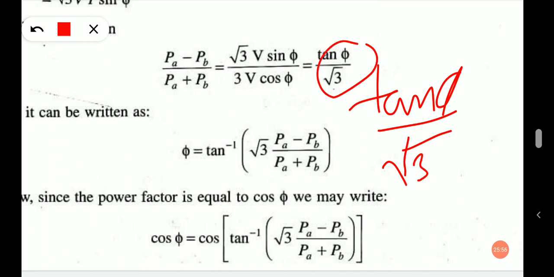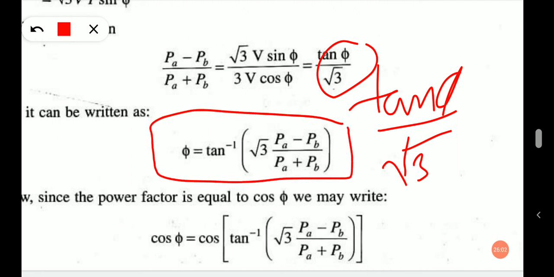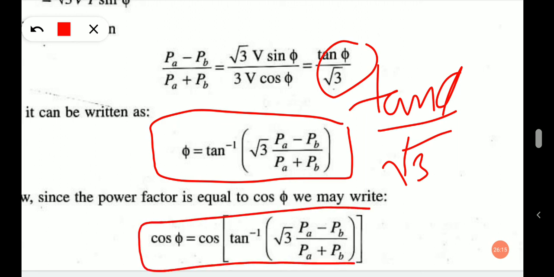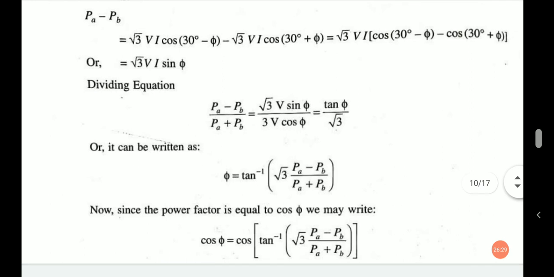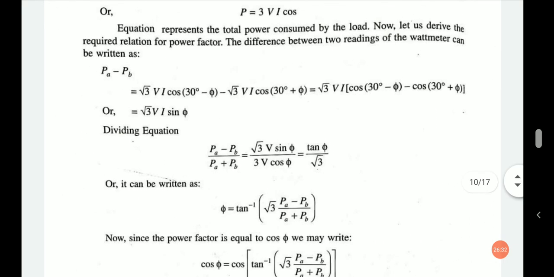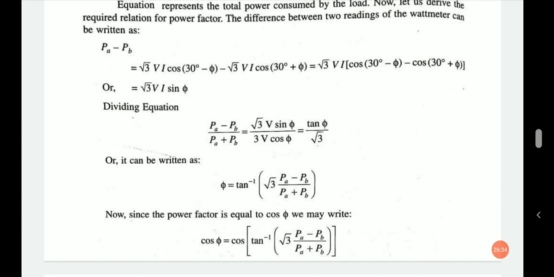It can be written as phi equals tan inverse of root 3 times PA minus PB upon PA plus PB. Now the power factor is equal to cos phi. We can write cos phi equals cos of tan inverse of root 3 times PA minus PB upon PA plus PB.